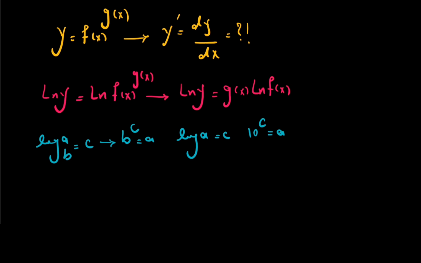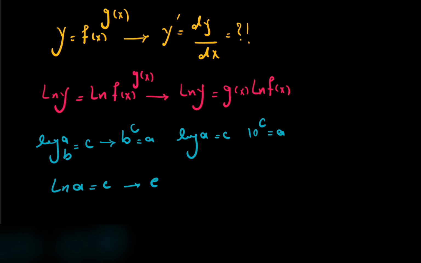And if b equals e, we write ln a equals c, and it means e to the power of c equals a.